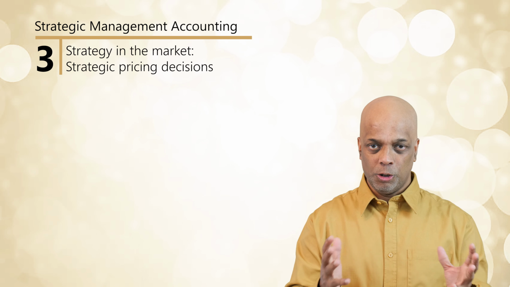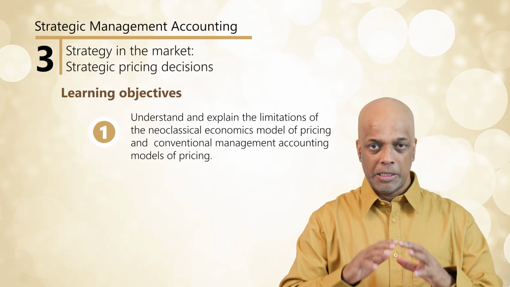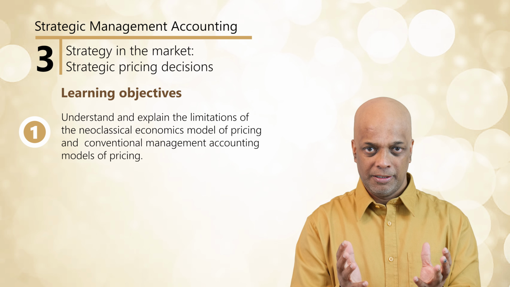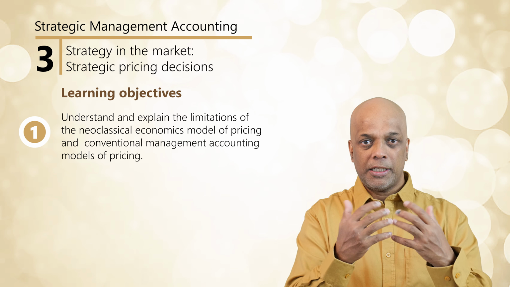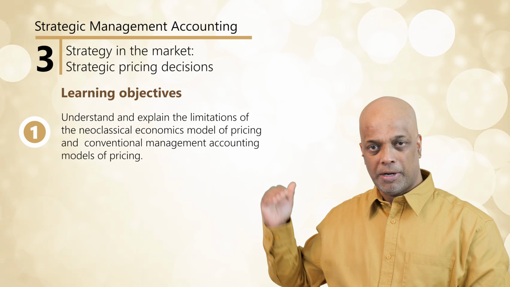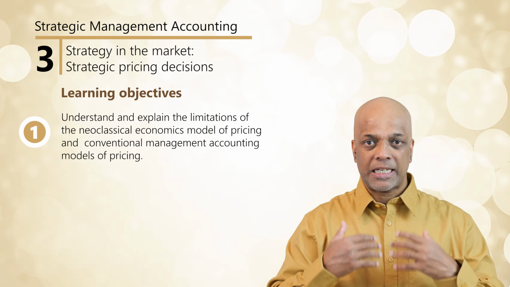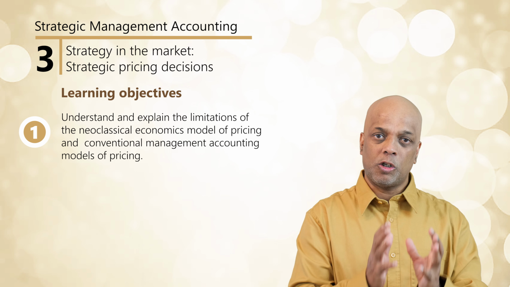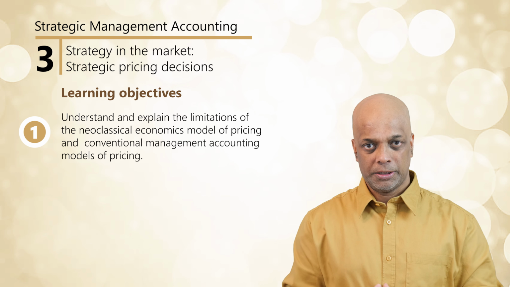So this topic is about strategic pricing. And this topic is organized around three main learning objectives. The first one is, before we move on to discuss the specific factors and processes of strategic pricing, we would have a discussion about how pricing is conceptualized, how pricing is carried out in conventional economic models, in conventional management accounting models.